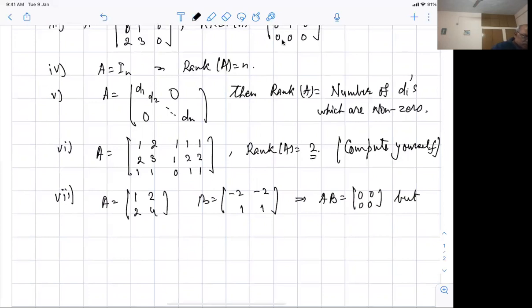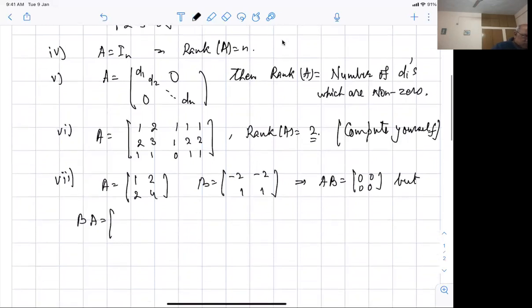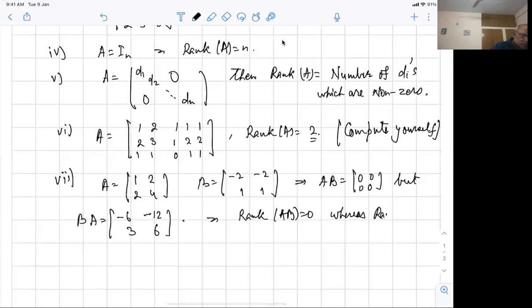But B times A is -6, -12, 3, and 6. So this implies the rank of AB is 0, whereas the rank of BA is 1. All right. Just verify it.